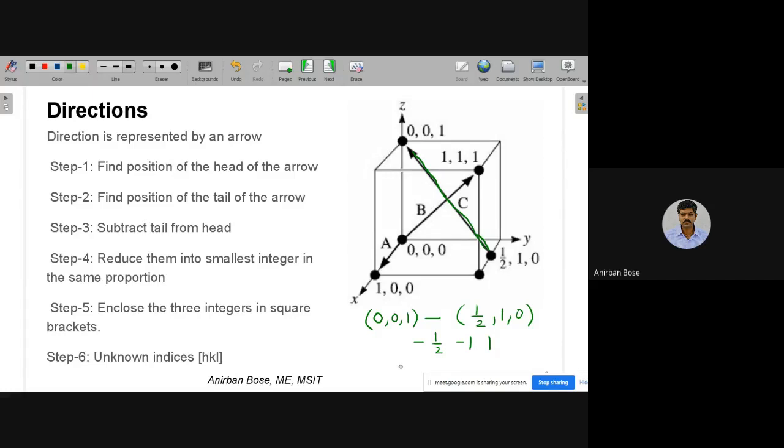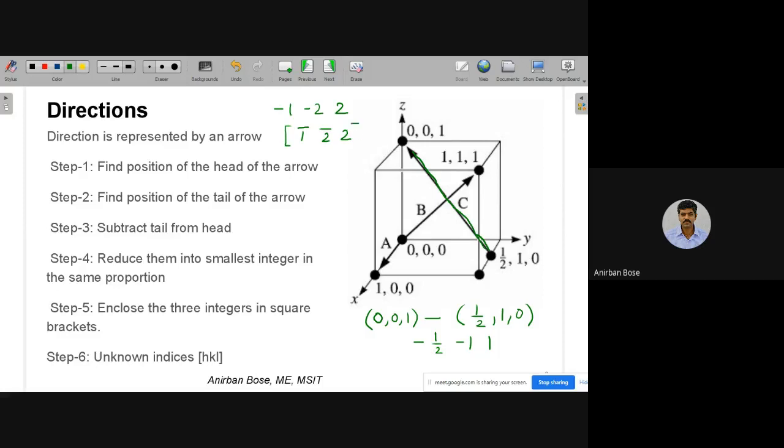Then you have to reduce into integers, so you simply multiply it by 2. If you multiply it by 2, you get minus 1, minus 2, plus 2, and the final answer will be 1 bar, 1 bar, 2.